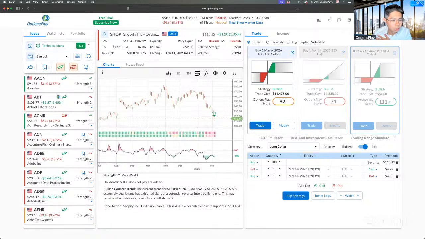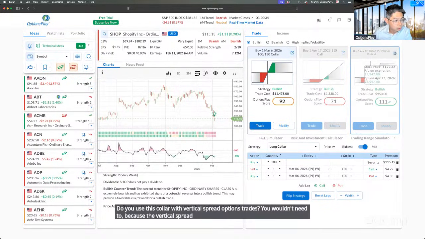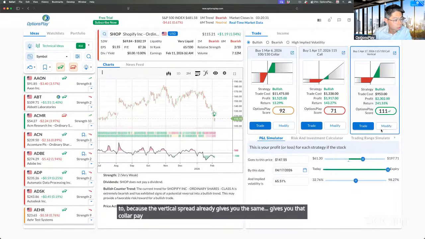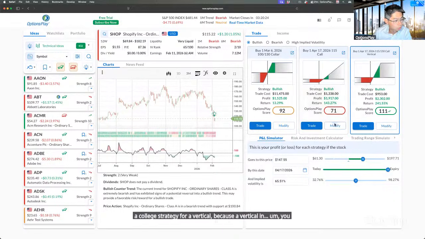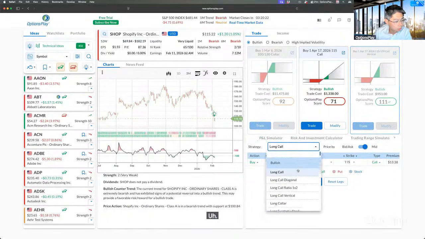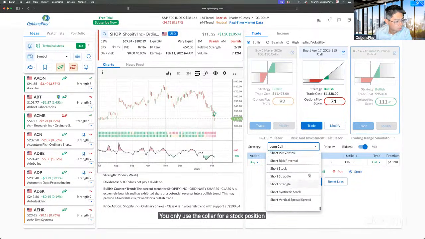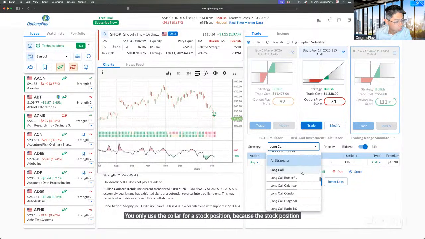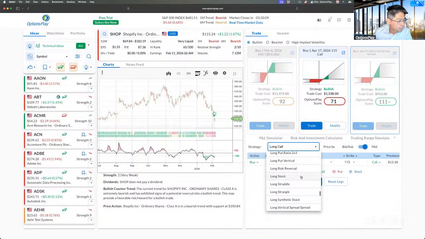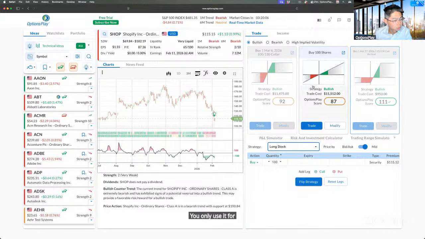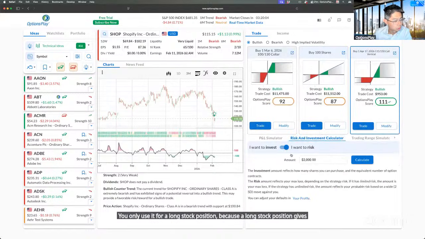Do you use this collar with vertical spread options trades? You wouldn't need to because the vertical spread already gives you that collar payoff graph, right? So you don't need to use a collar strategy for a vertical. You only use the collar for a long stock position because the long stock position gives you unlimited risk, right?